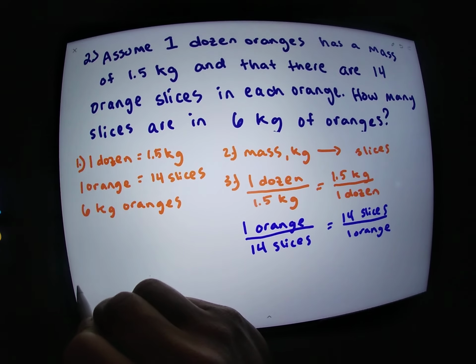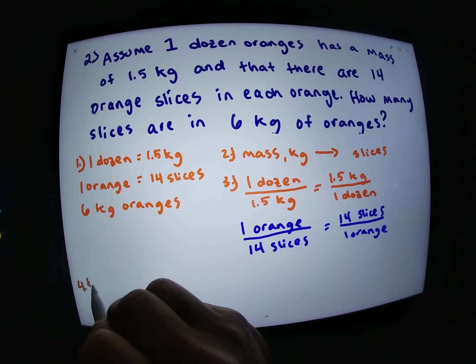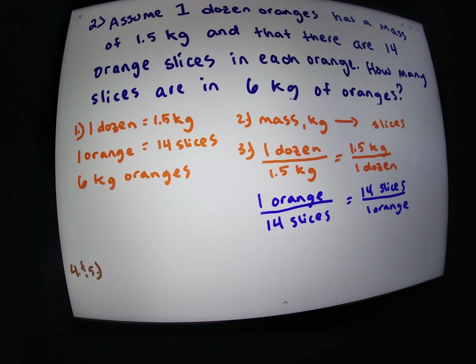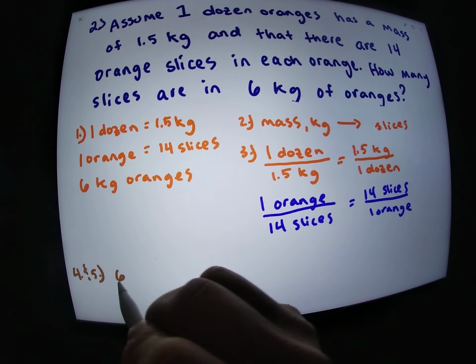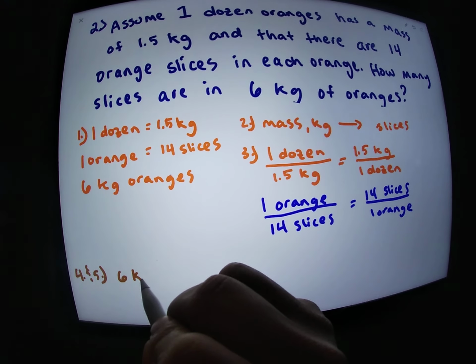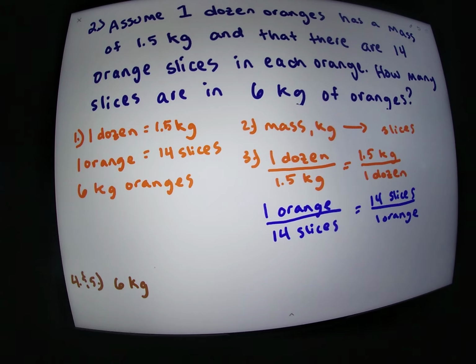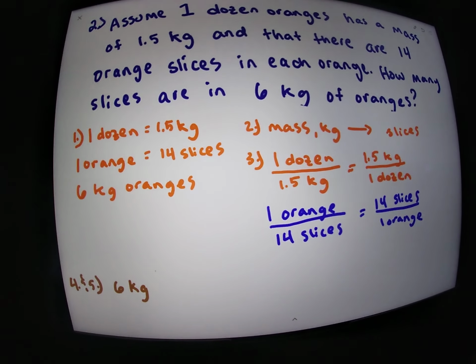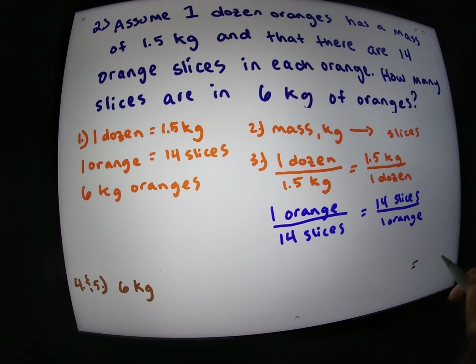All right, step 4 and 5 consists of doing the algebra. We're going to start off with what we know. We have 6 kilograms. We want to convert those kilograms to dozens. Well, remember, we want slices at the end.